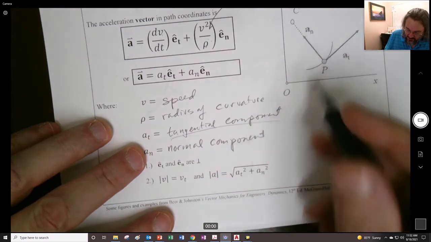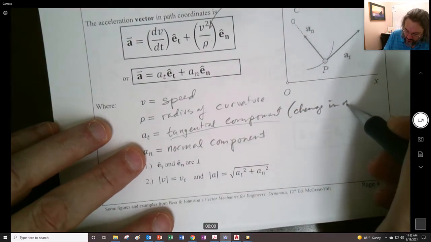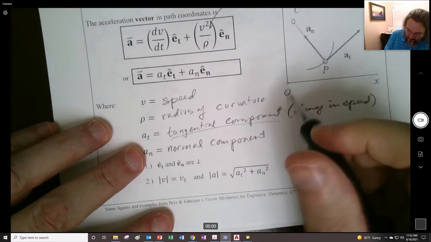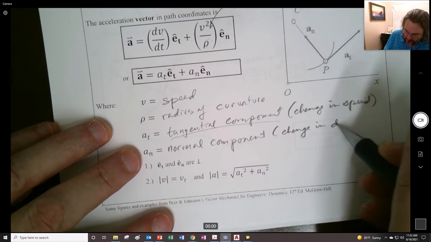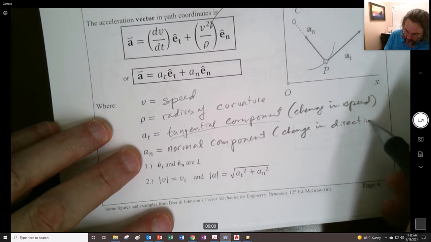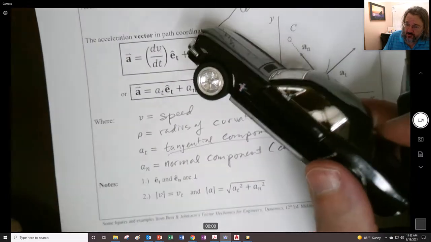The tangential is due to change in speed, and this is due to the change in direction. And hopefully you believe it because of the little Mustang and little skeleton dude, right?